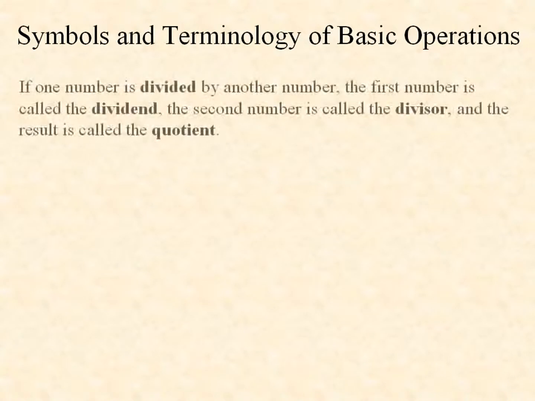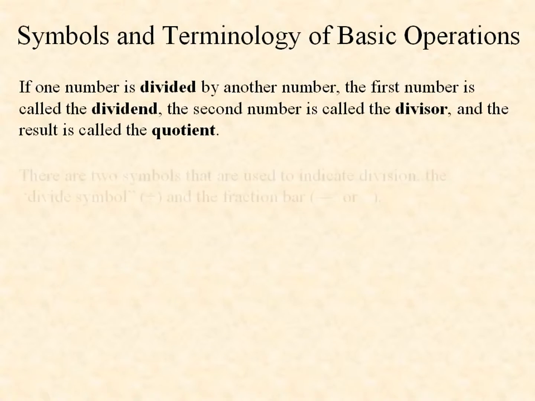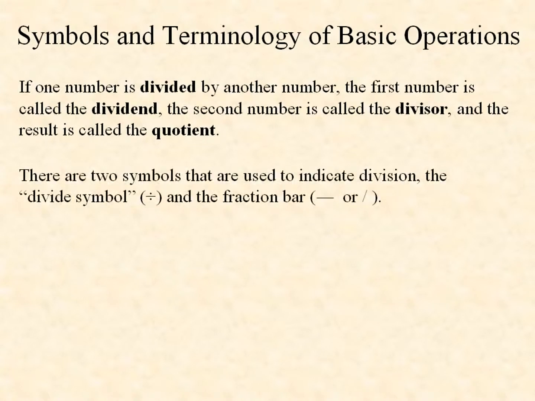If one number is divided by another number, the first number is called the dividend, the second number is called the divisor, and the result is called the quotient. There are two symbols that are used to indicate division, the divide symbol and the fraction bar. For example, 15 over 3 uses the fraction bar.